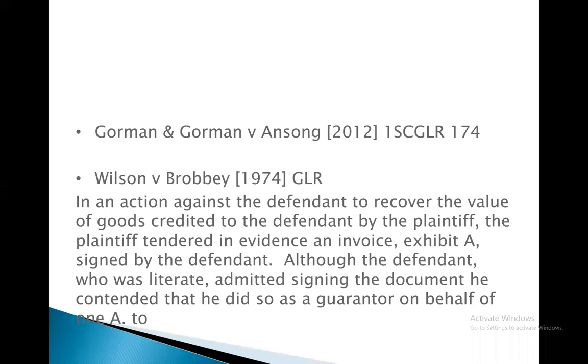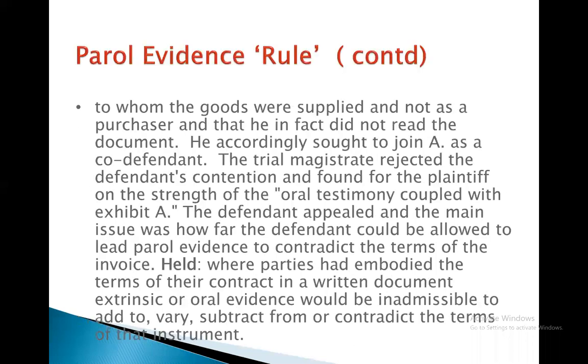No, he said he was just signing it as a guarantor for another person to whom the goods have been supplied. So he was saying that, well, I'm not the one for the goods, so if you need to sue for the price, don't sue me, sue the other person. And for that matter, when he was sued, he decided to join A as a co-defendant.